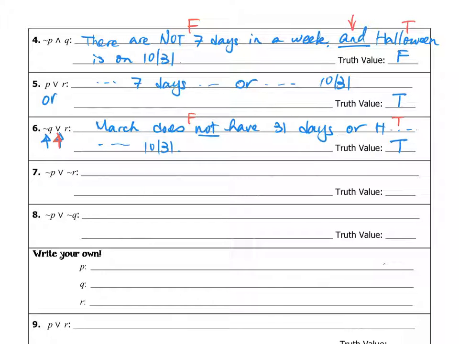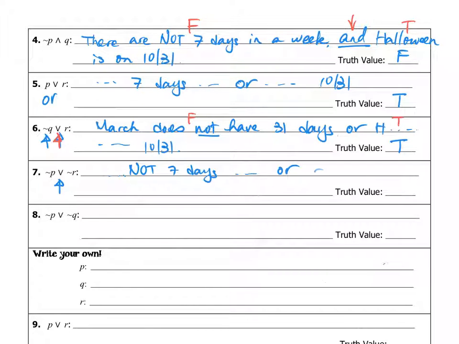Number 7, not P or not R. So P is, I think, 7 days in a week, right? So there are not 7 days in a week. And then we have an or in here, and another negation of R. R is Halloween.